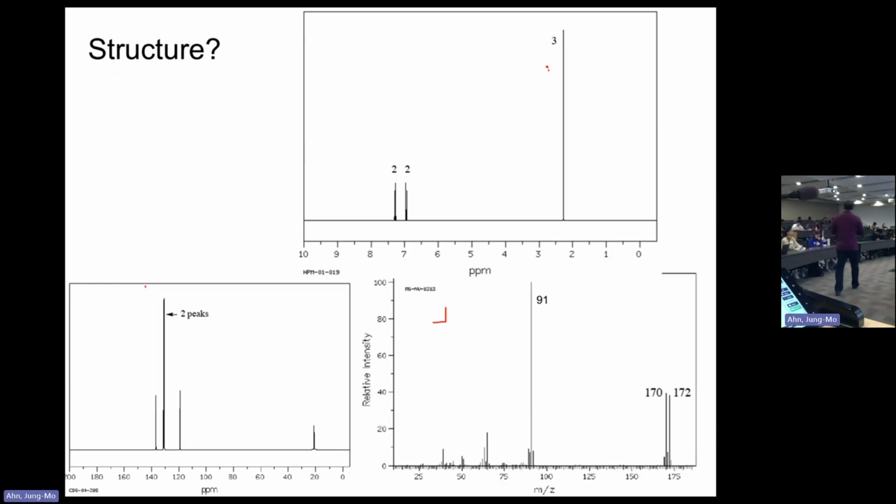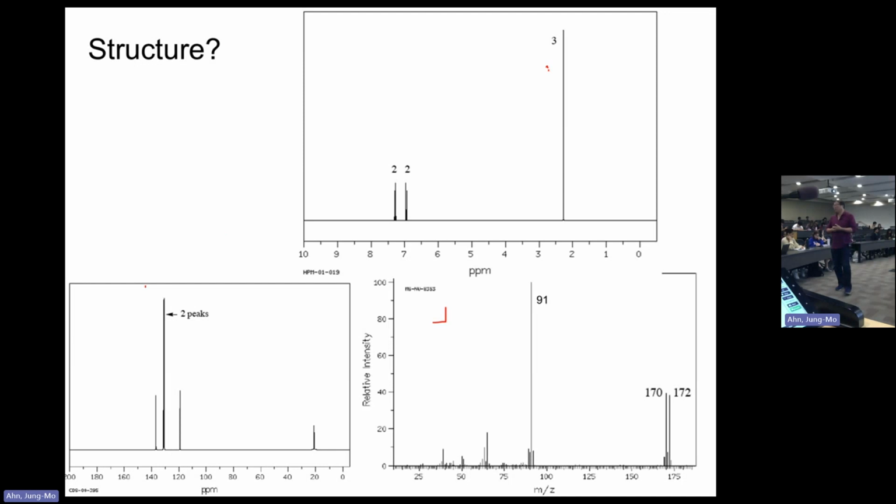All right, moving on. This will probably be more challenging compared to the other one because you can see that I don't even have a formula there. I got nothing. I got 3 spectra: a proton NMR, a carbon-13 NMR, and a mass spectrum. No IR given.